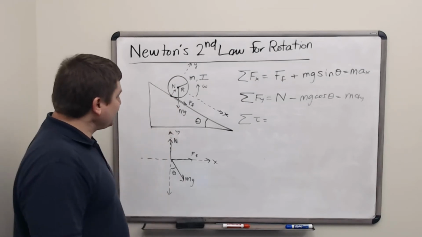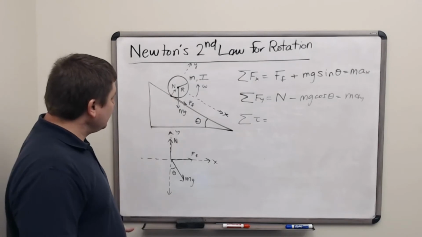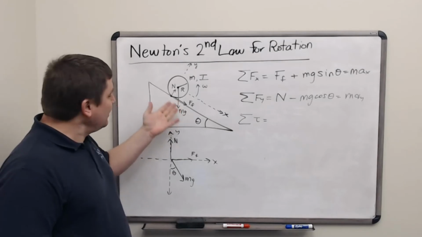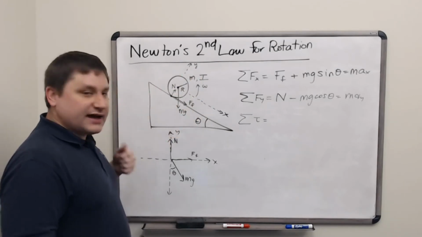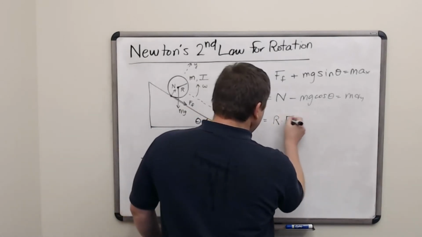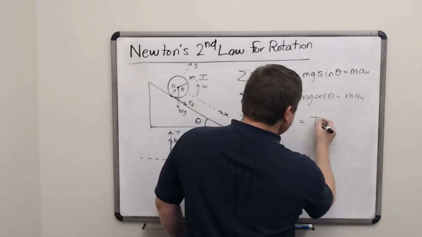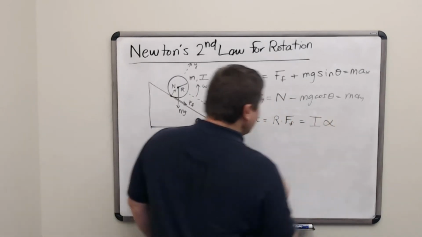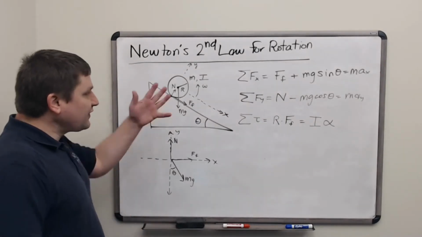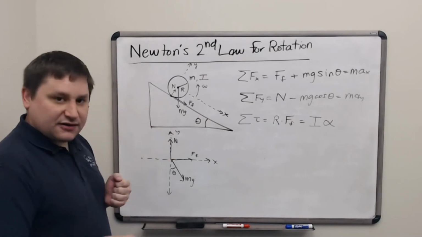So only this force of friction causes torque, and if this force of friction was indeed positive in the direction of the arrow, it would cause the object to rotate in a counterclockwise direction. So we'll have a positive torque, radius times Ff, and that will equal the moment of inertia, which I'm going to leave as a variable, times the angular acceleration alpha. So those are the three equations that we get from Newton's laws of translation and rotation.